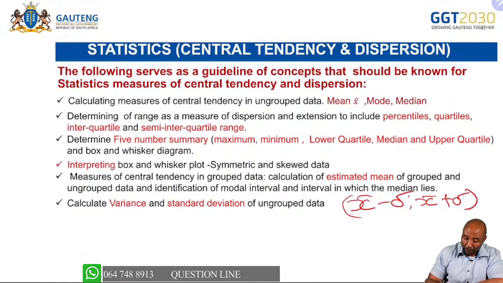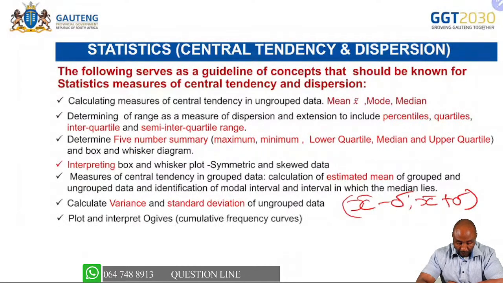And with whichever value that we are given, because sometimes it can be within one standard deviation, within two standard deviations, outside standard deviation, above one standard deviation, below one standard deviation, we should be able to answer those kinds of questions.